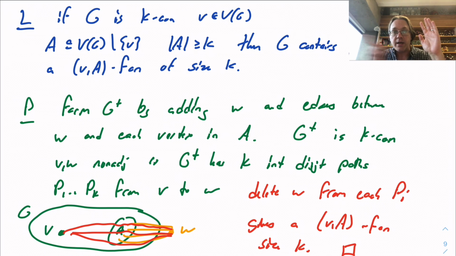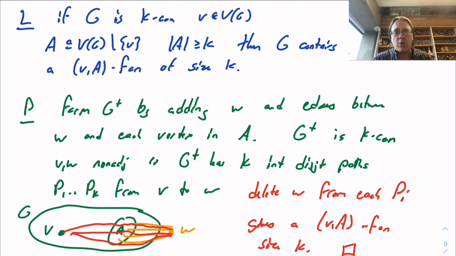So these k paths start at V and end at A, intersecting only at the vertex V. This fan theorem is a hybrid version of what we had before. It's following all the same kind of logic, and it is also quite useful. Paths between two sets are nice, paths between two vertices are nice, and many times this fan is useful as well.